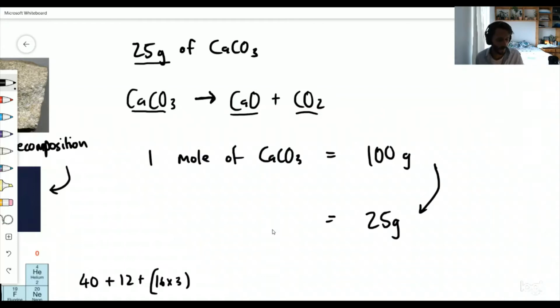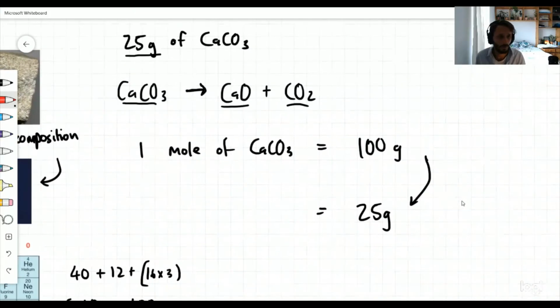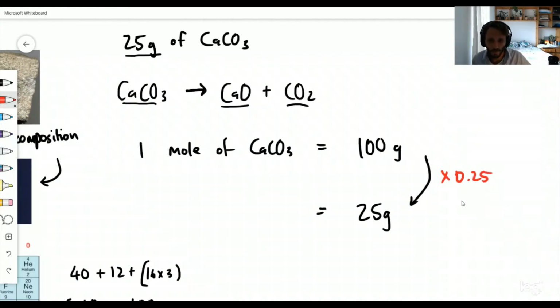So how do we get from 100 to 25? We can divide this by 4. Another way to say this, a way that I prefer, is timesing. How can you times 100 by something to get 25? You guessed it, you can times it by 0.25. If you type that into your calculator, you'll get 25 grams.